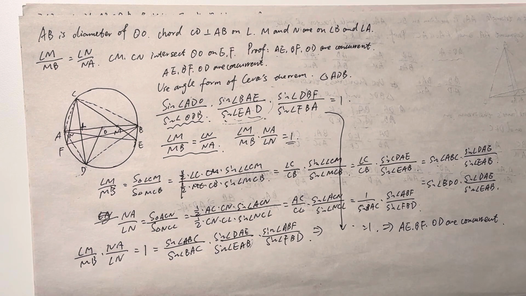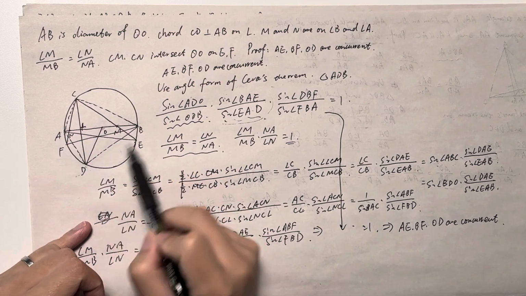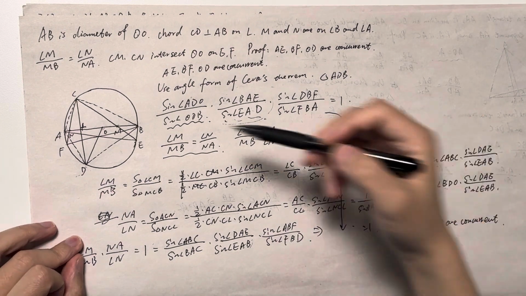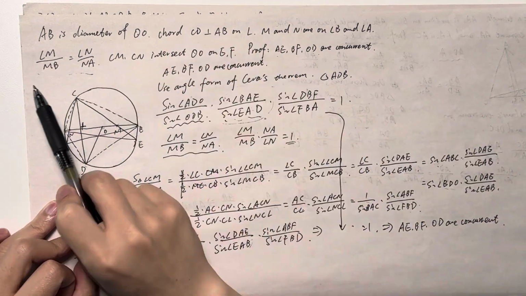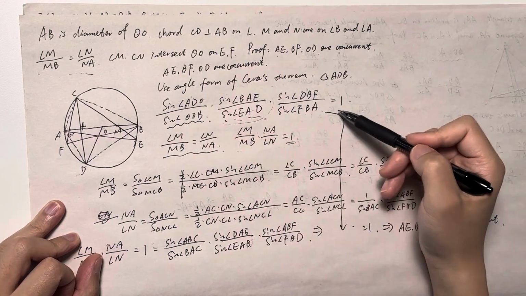With that thought, we connect AD and BD, and we try to write the angle form of triangle ADB. Then we transfer the ratio condition to a product, which is similar to what we want to have.